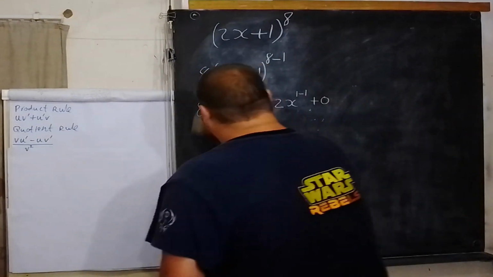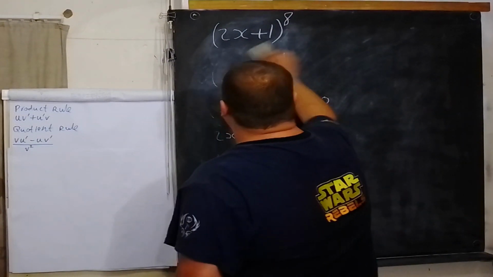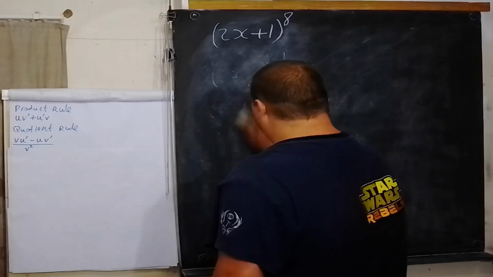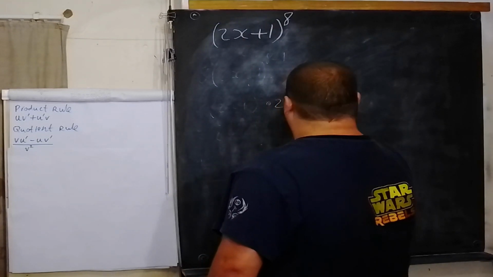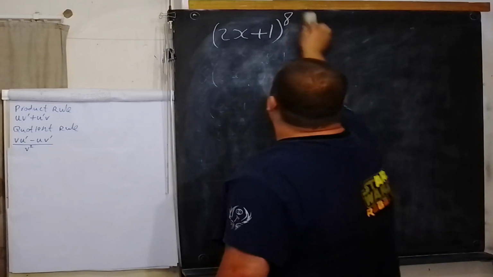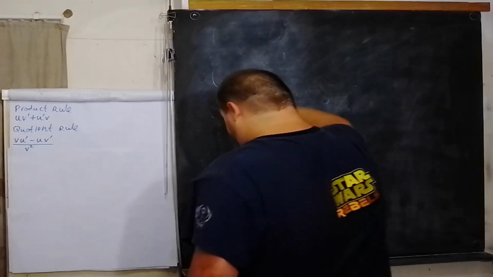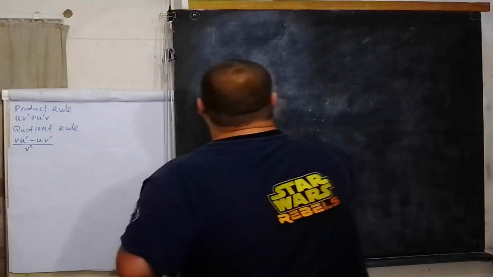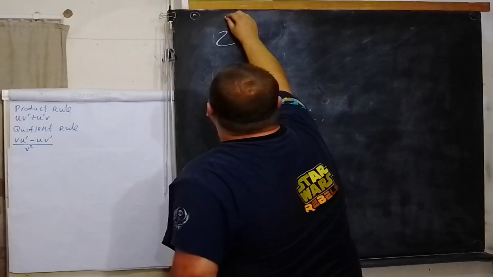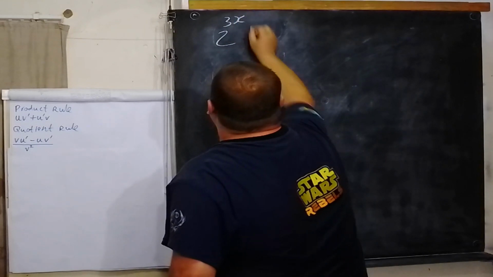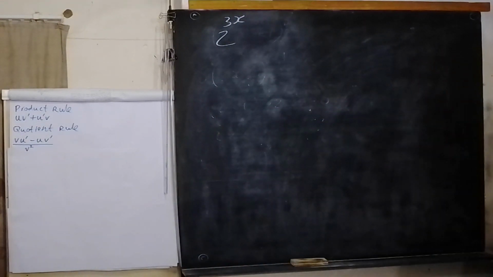Okay, the next sum is 2 to the 3x. Now, we're going to have to use u substitution for this sum.